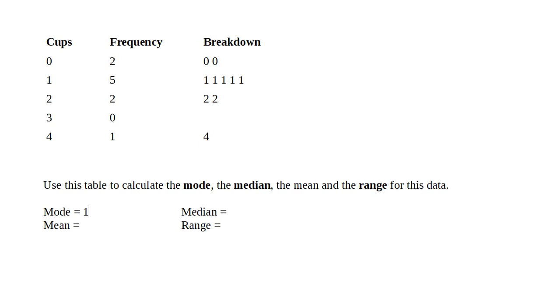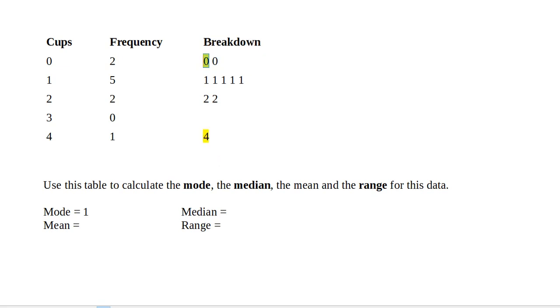What about my median? Well, I have a 0 and a 0, and a 1 and a 1 and a 1 and a 1 and a 1 and a 2 and a 2 and a 4. And I reckon that I should be able to look at that and work out what's my middle number, since they're all in order. So I could, for example, select the 4 there and a 0 there.